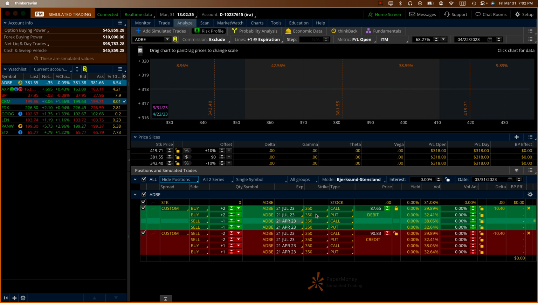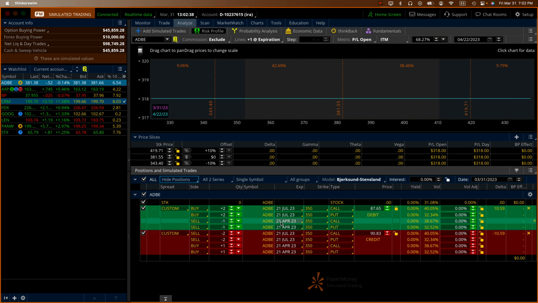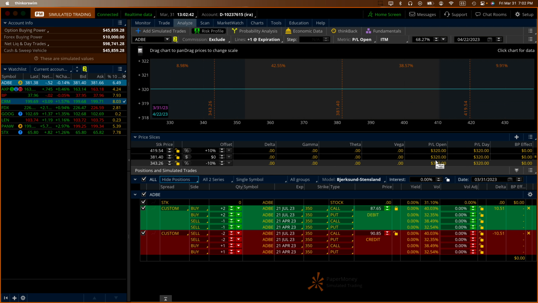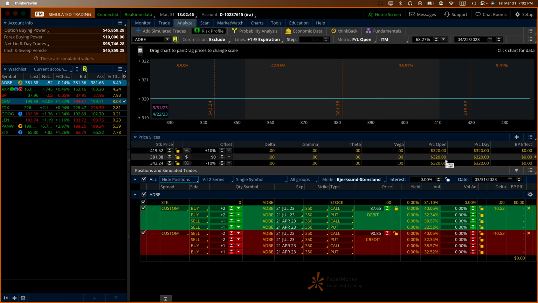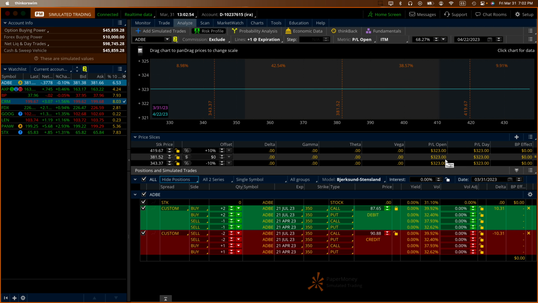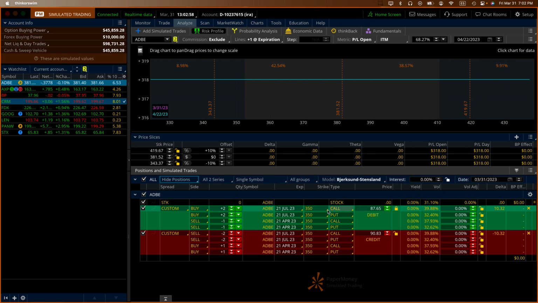These adjustments should be added to this resulting price, and then you can see, okay, I have made $320 with this trade, and to be honest, that helps me. If I had $5,000, I would consider myself lucky and close the position perhaps, or perhaps do a rollover. But in this case, no, there's no need to do anything.